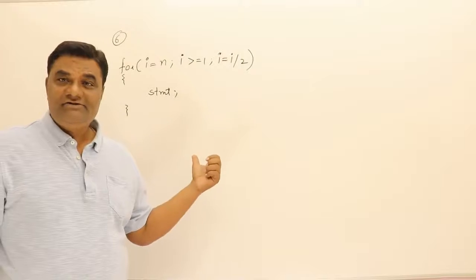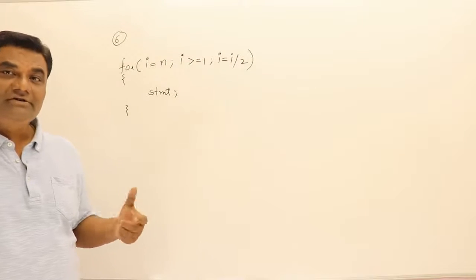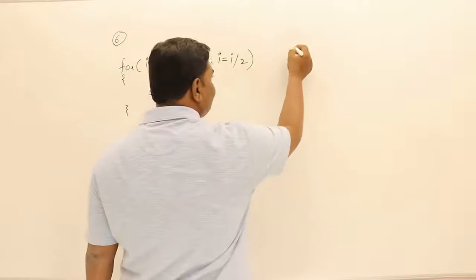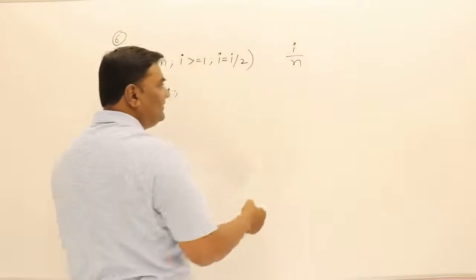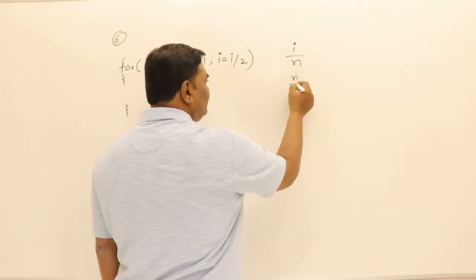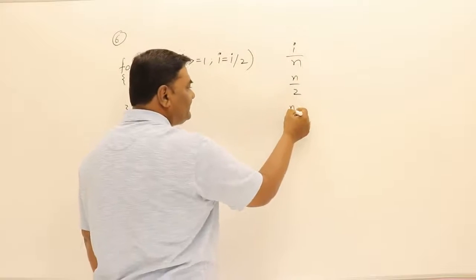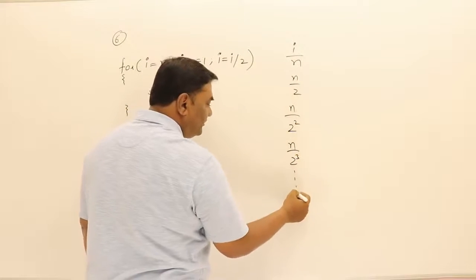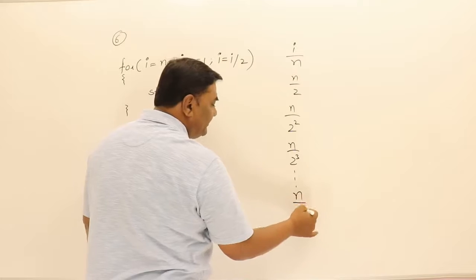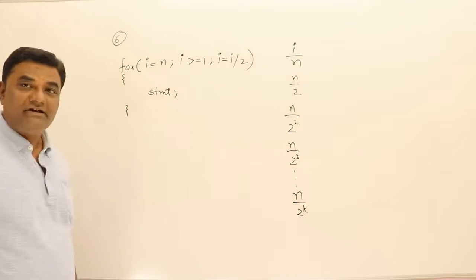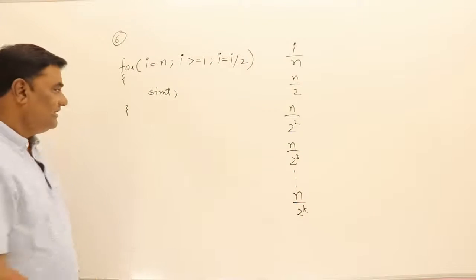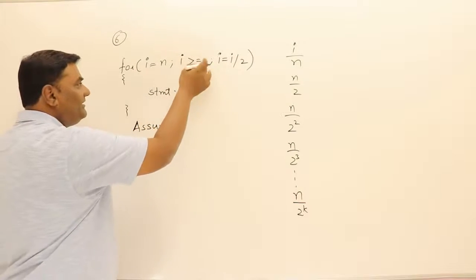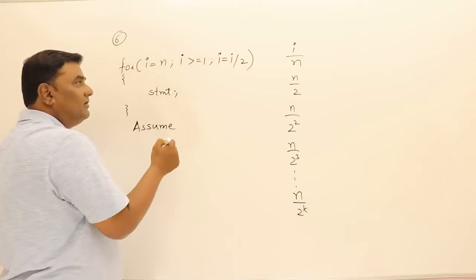Right. Another piece of code here, let us see how it's going to execute, what will be the time complexity of this one. See here, I is starting from n. The next time the I value is n by 2. The next time it's n by 2 square. Then n by 2 cube. And so on. How many times? n by 2 power k. We don't know the number of times, so we are assuming it as k times. And we know that the loop will terminate when I becomes less than 1.